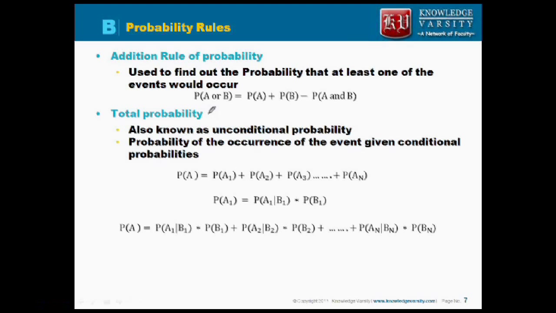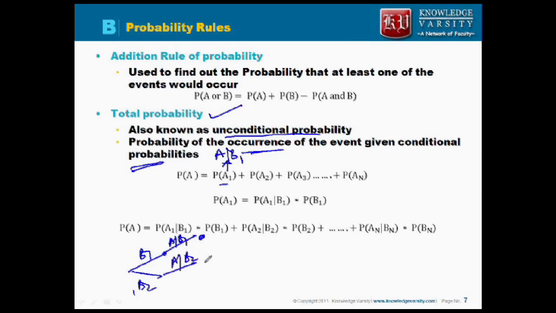If you see the PowerPoint, what you have is total probability. It is also called unconditional probability. Let's say you have B1, B2 till Bn, there are n events. Here A given B1 we signify as PA1, A given B2 we signify as PA2.